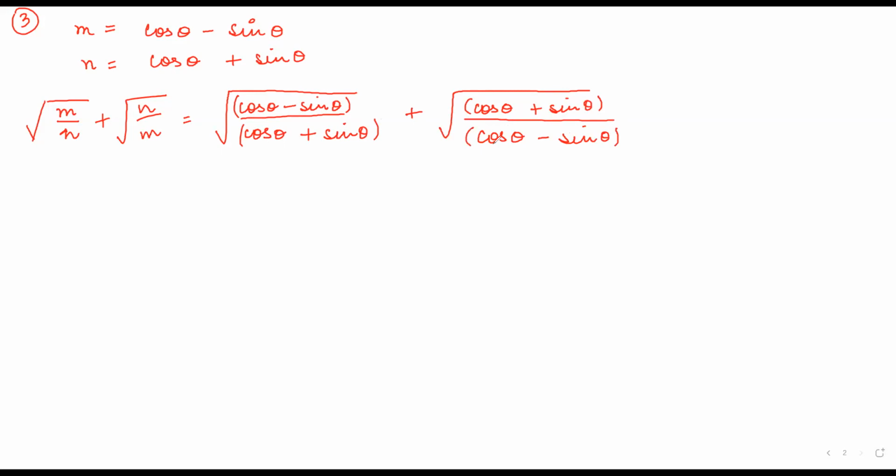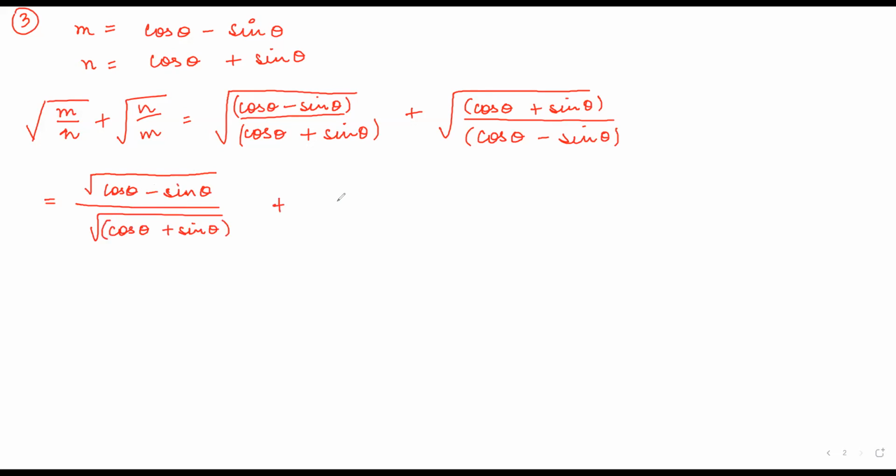So see, one thing is to rationalize them separately, or let's take LCM because I have fractions. Now that becomes, like you divide the square root in the first step, right? Cos theta minus sine theta and then divided by under root of cos theta plus sine theta, right?